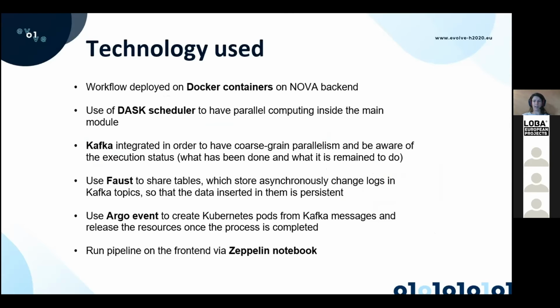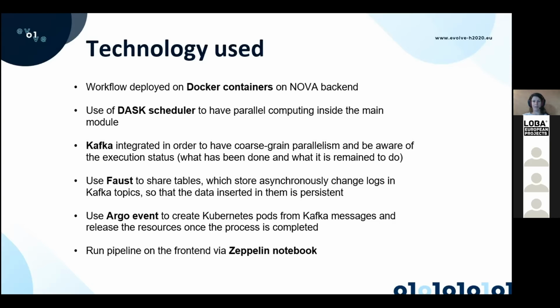And since we integrated the Evolve project, we have used a Dask scheduler to have parallel computing inside the change detection module, that is our main module, and that is the module that takes the most time. We have also integrated Kafka in order to make our modules communicate between each other.